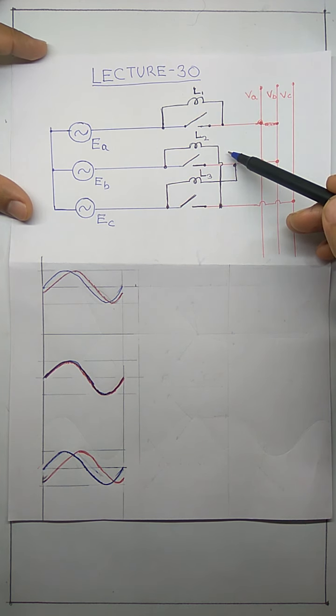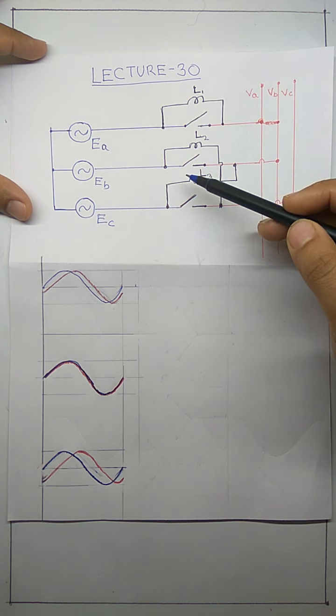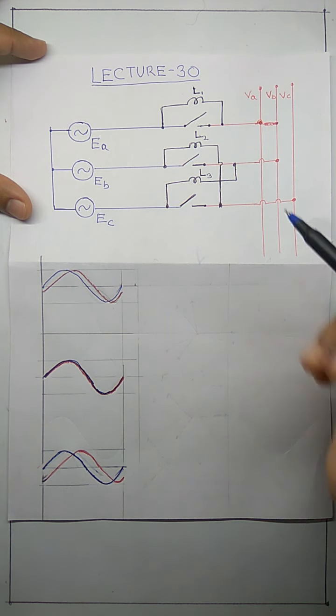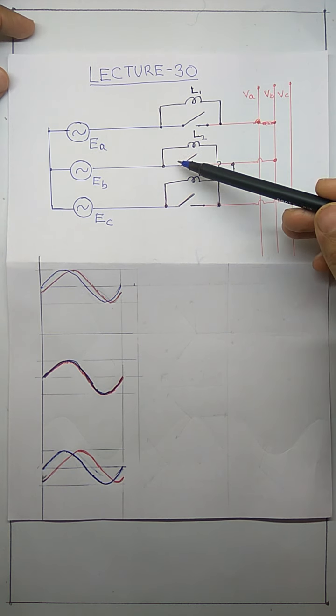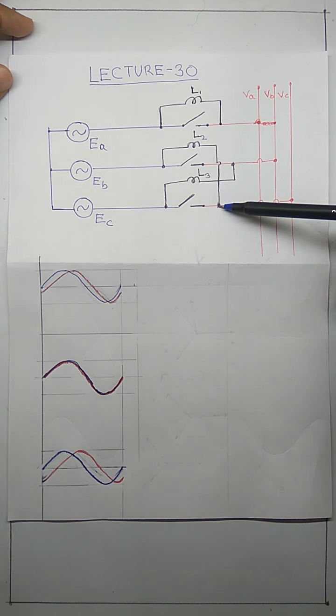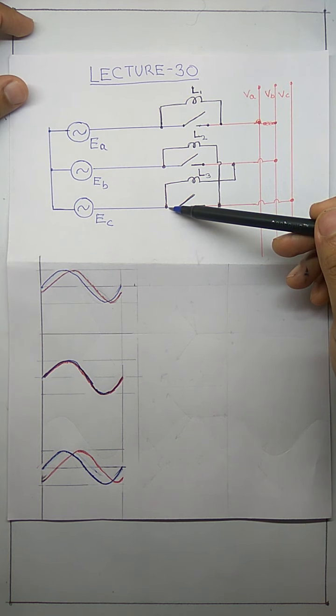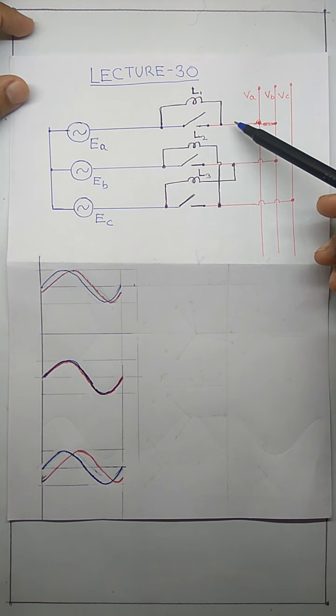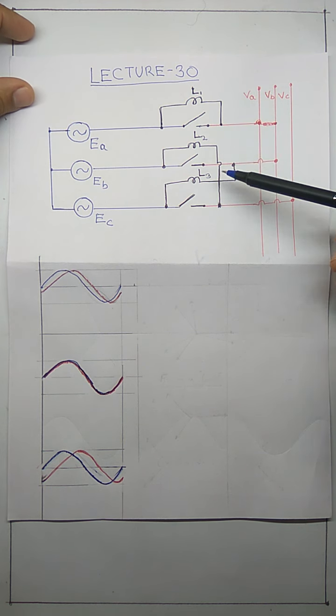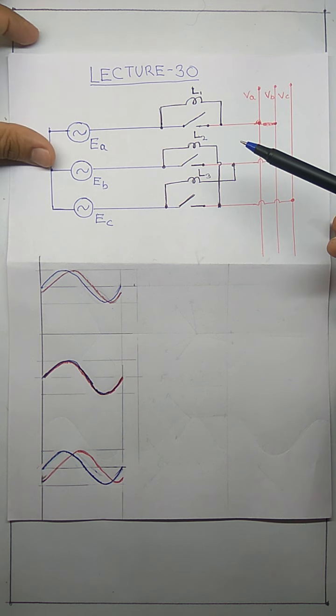The second lamp is connected between B phase of the machine and C phase of the grid. Please note that it is connected between B phase of the machine and C phase of the grid. And the third lamp is connected between C phase of the machine and B phase of the grid. Now this connection is referred to as the 3-lamp connection.